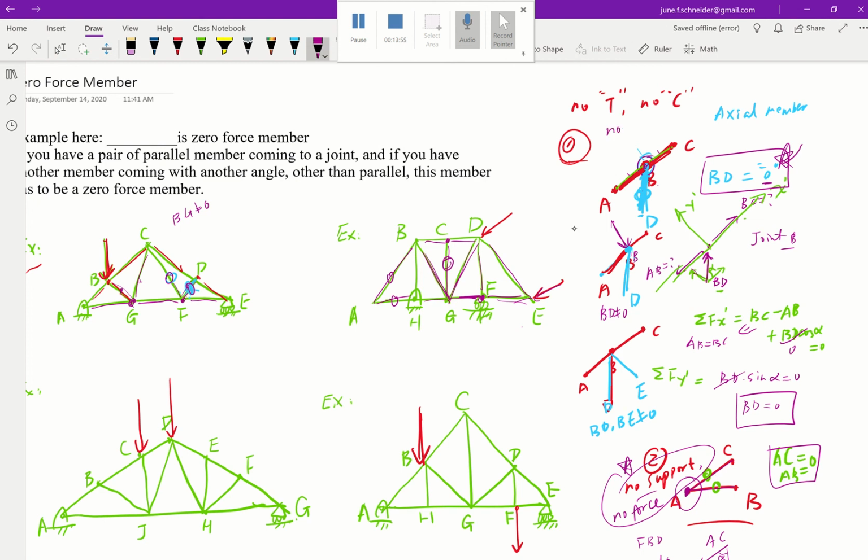There have to be no external force, no support, and also just one member that comes in at an angle. With all those satisfied, then that member is a zero force member.